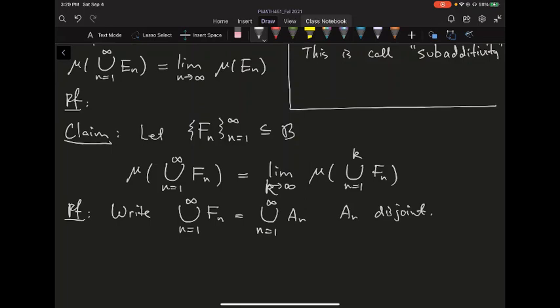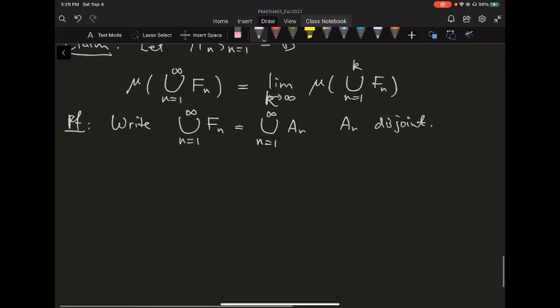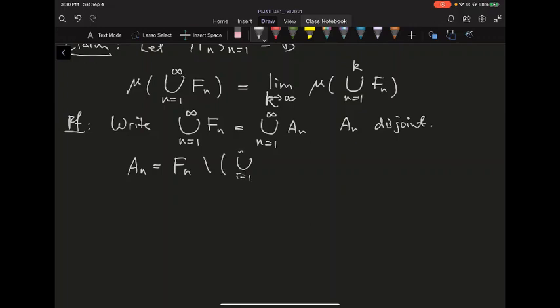All right, so if you recall from our previous lecture, when we did this procedure of decomposing this potentially non-disjoint union into a disjoint union, we showed that the following happens. So we have this definition. An is essentially Fn, take away all the first n minus 1 of them.